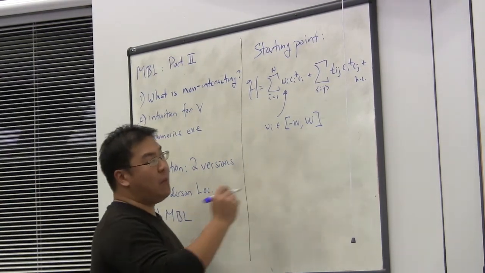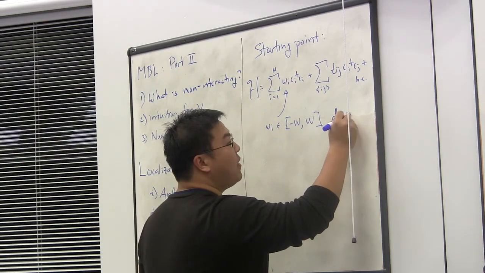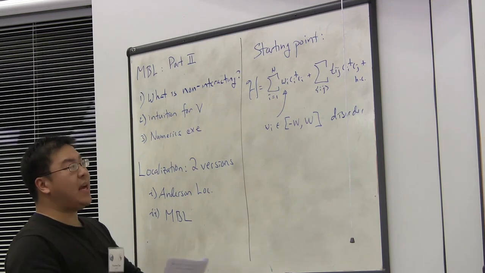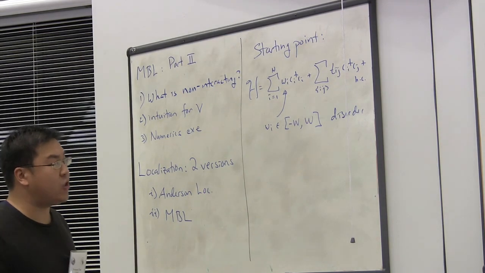The disorder in the problem comes from the fact that all of these energies, omega_i, for the different sites, are chosen randomly from a distribution.